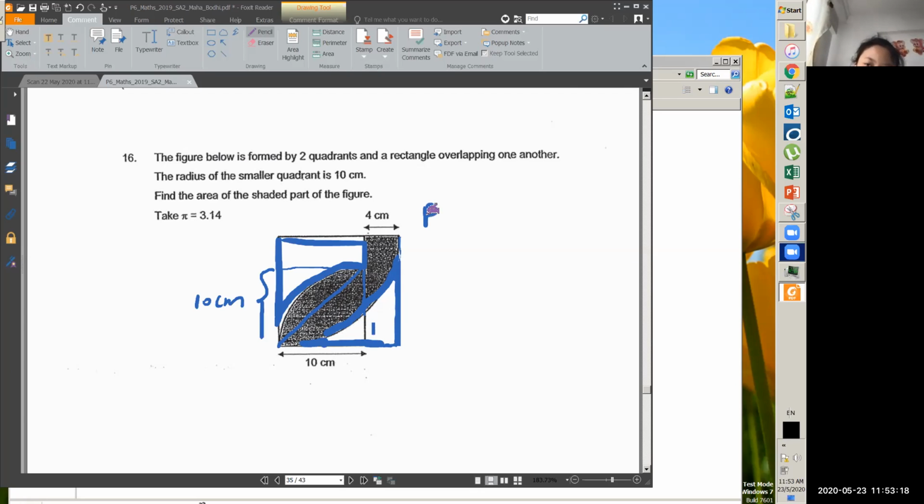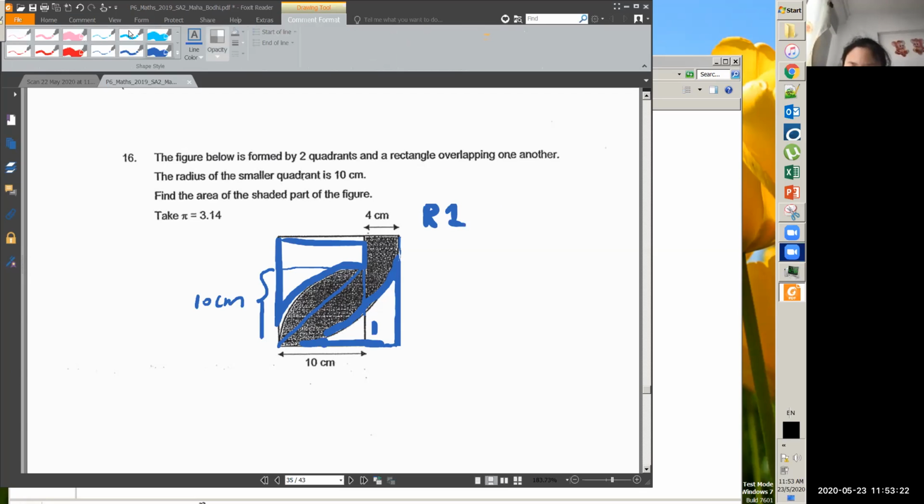So first, I need to find out what is this. Region 1, R1. How to find R1? R1 is your big square. What is the length of the big square? It's 14 and 14, right? Which is 14 times 14, what do you get? 196.